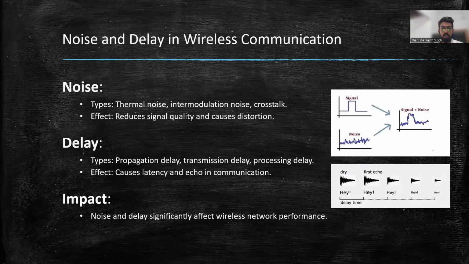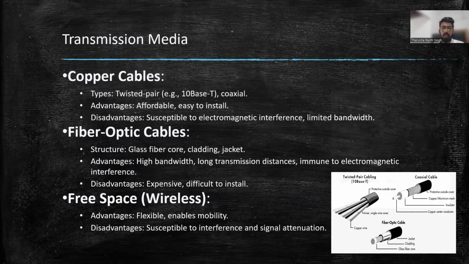Okay, then let's move on to transmission media, the physical pathways through which data is transmitted in a network. There are three primary types of transmission media: copper cables, fiber optic cables, and free space wireless.